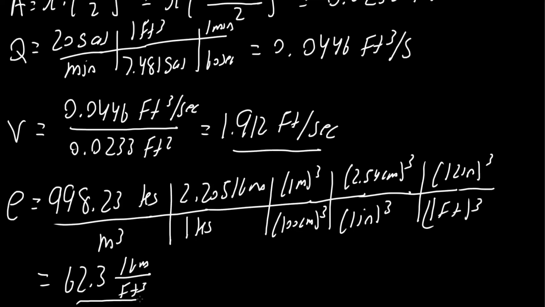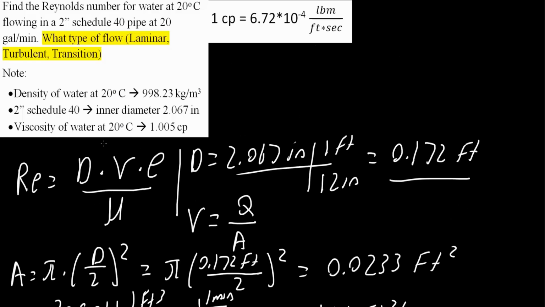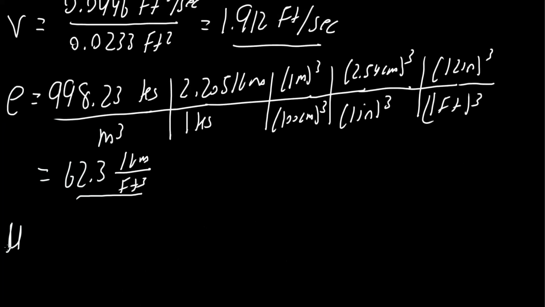So now we know almost everything. Next, we just need to convert viscosity into better units. We're given that viscosity is 1.005 centipoise, and we should convert to pound mass divided by feet times seconds, because we have D in feet, and we also have pound mass for our density. That would be a good idea.